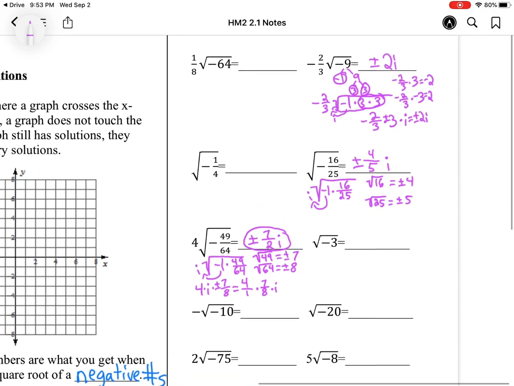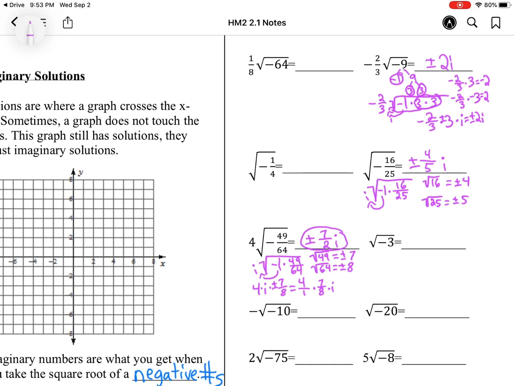So pause your video and see if you can answer the rest of this section. So your first answer should be plus or minus i.